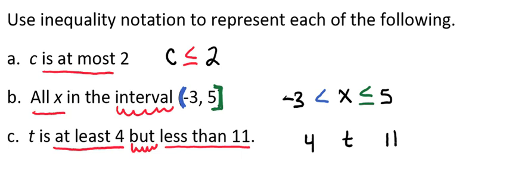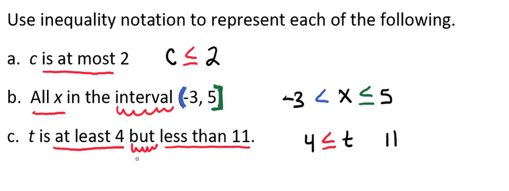And it says it can be at least 4, so that means the smallest number it can possibly be is 4. So it can be 4 or it can be bigger than 4. And then it says, but less than 11.